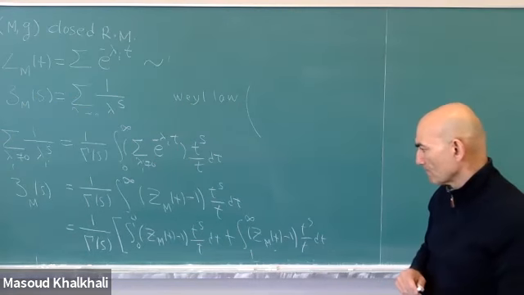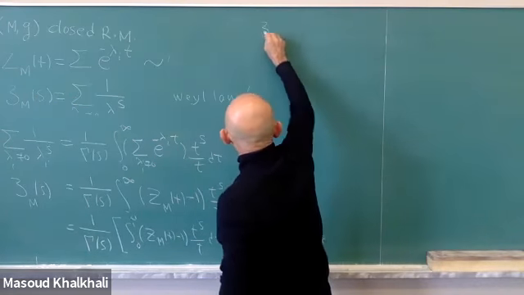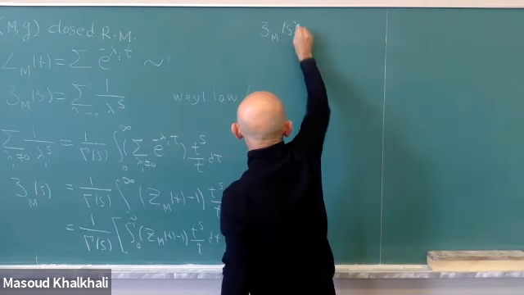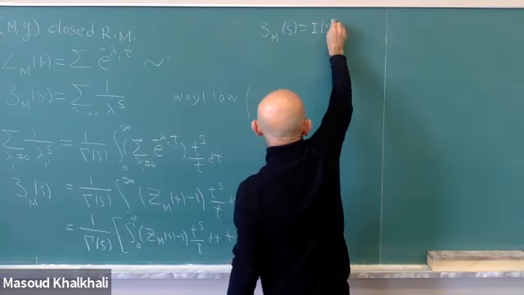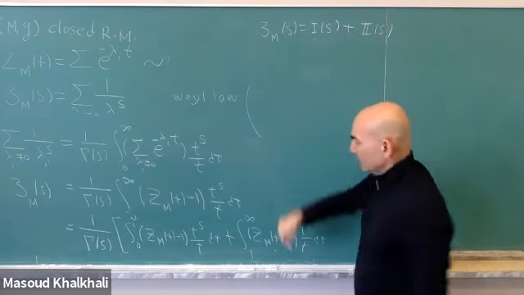Okay? So this is Zm, now I'm able to write it as sums of two functions.